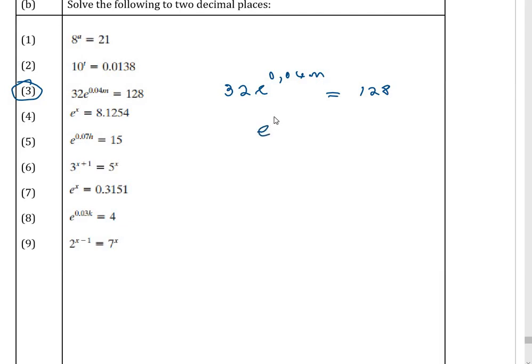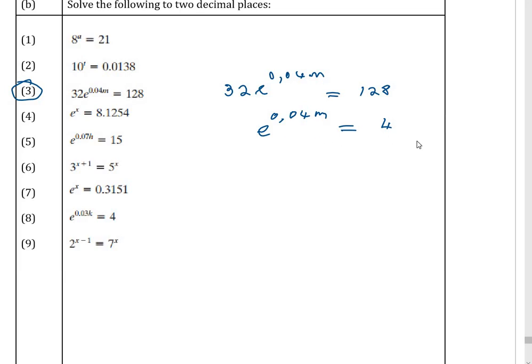So we're going to have e to the 0,04m, and then we're going to divide the 128 by 32. Let's see what we get. 128 over 32 gives me 4. Oh, that's nice. I should have seen that. My lazy brain, because we can really see that that should be 4.